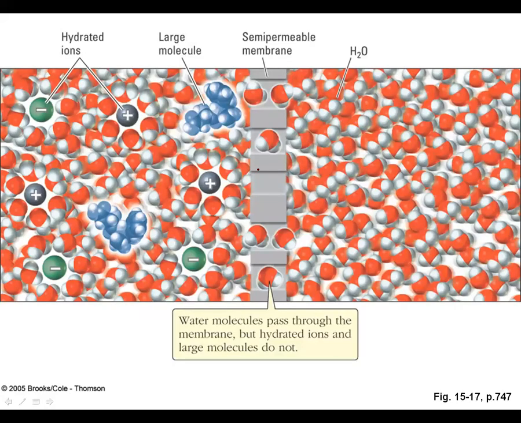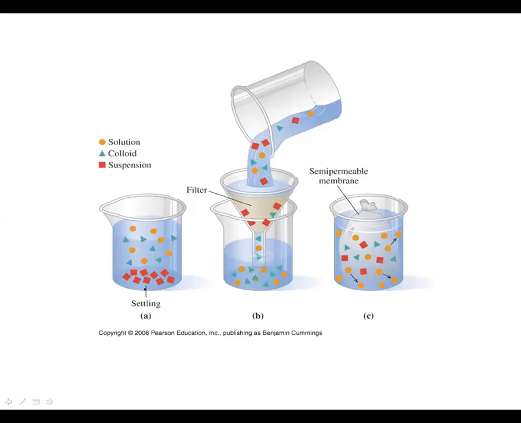Here's a zoomed in view of our membrane. It has channels, if you want to think about it, that allow certain size particles to get through. But these really big molecules over here get trapped because they can't get through the size of the openings. So here's just an example. Our suspensions settle.